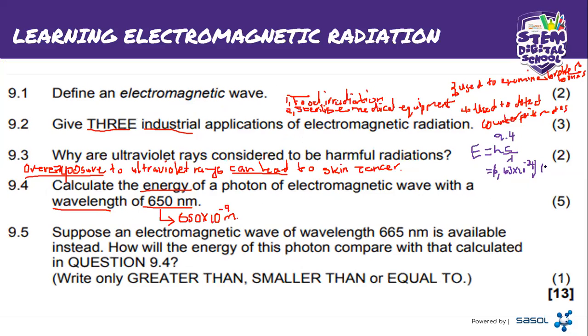And then the value of c is 3,0 multiplied by 10 to the power of 8. And I will divide that by the wavelength, which we've already converted to meters. So it will be 650 multiplied by 10 to the power of negative 9. And this is going to give me, we go to our calculator.